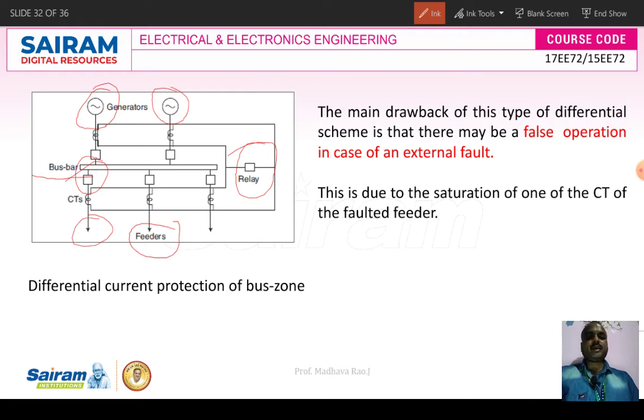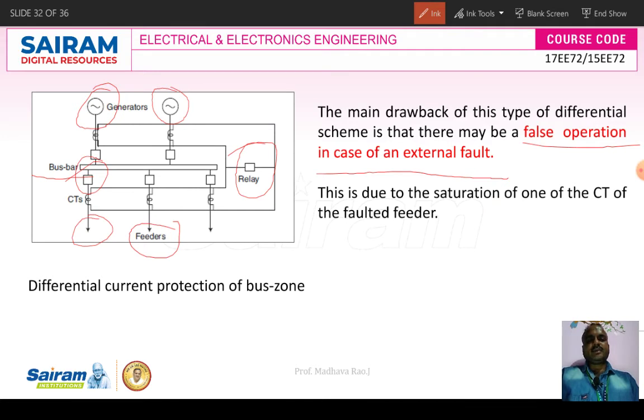The main drawback of this type of differential scheme is that there may be a false operation in case of an external fault. External fault means these feeders are connected over kilometers. From start to end, the distance is in terms of kilometers; it may be 80 kilometers, 100 kilometers, or 200 kilometers, in case of long transmission lines.